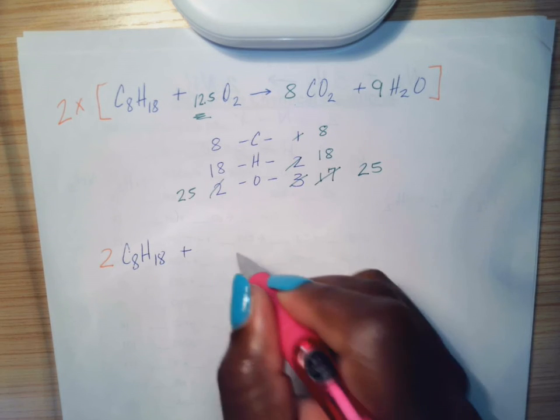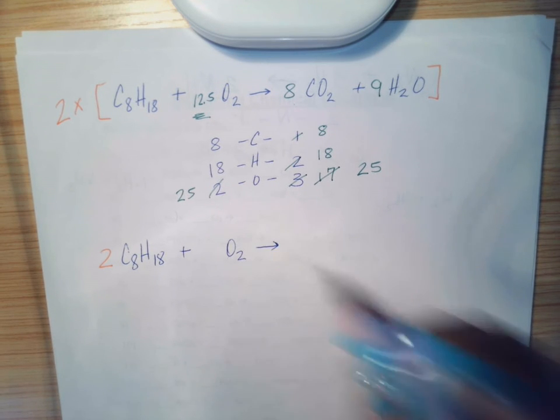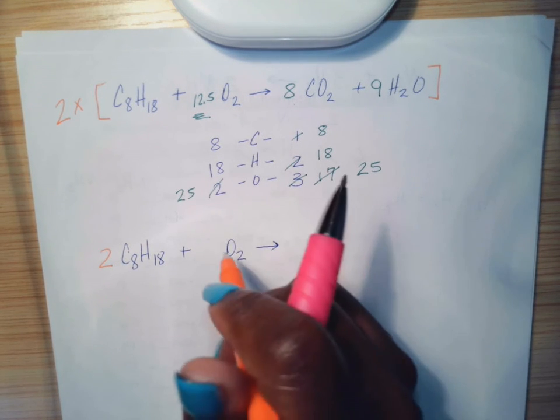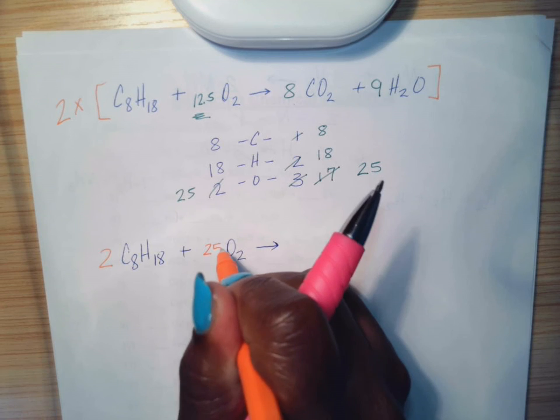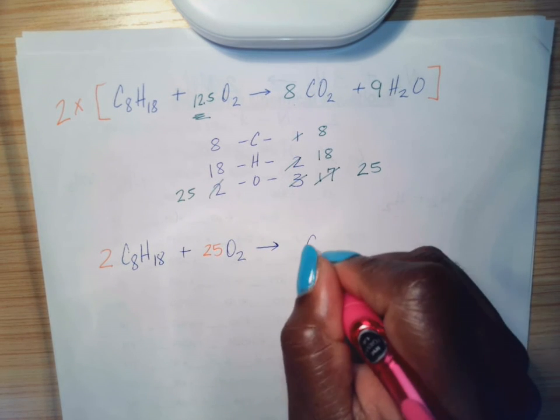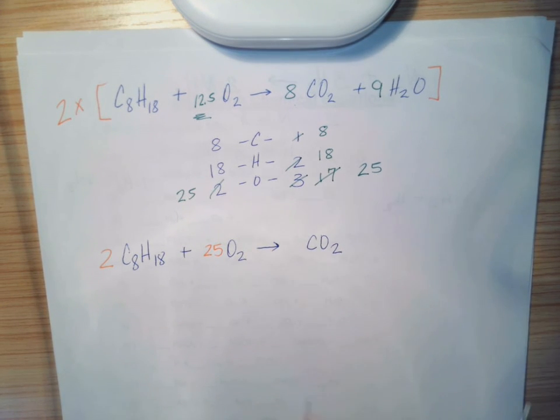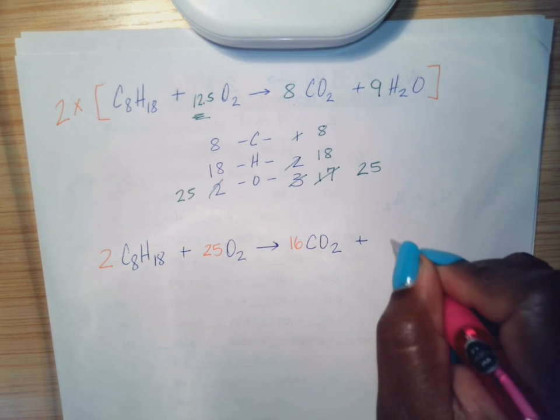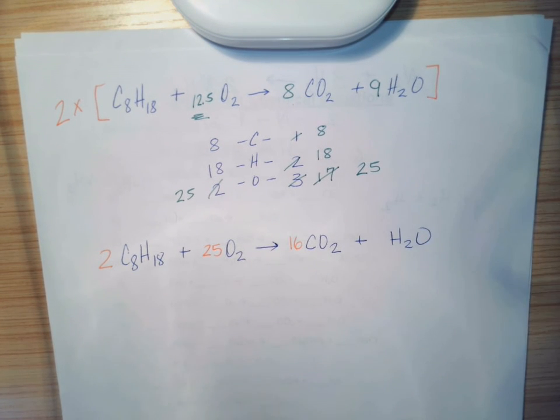In front of my oxygen, that O2 molecule, instead of that 12.5, now I have 25. In front of carbon dioxide, instead of 8, now I have 16. In front of my water, instead of 9, now I have 18.